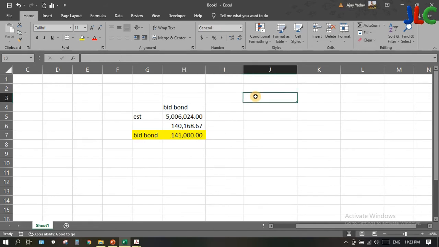Now let's see the performance bond. Suppose there is only one bidder who shows 45 lakhs. Suppose this is the lowest evaluated bid.